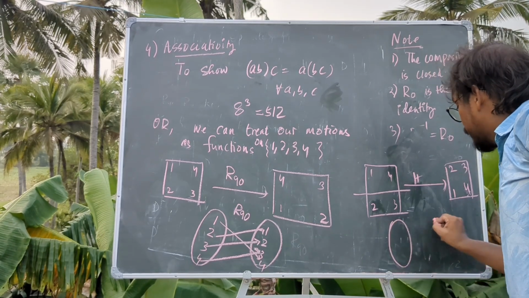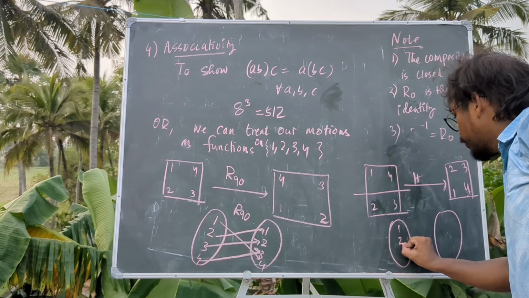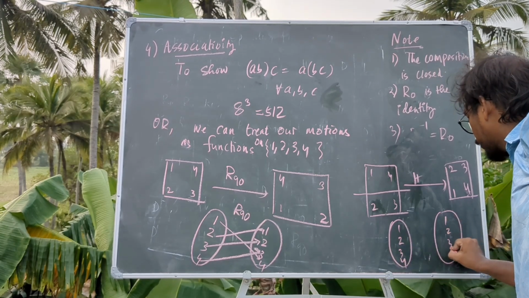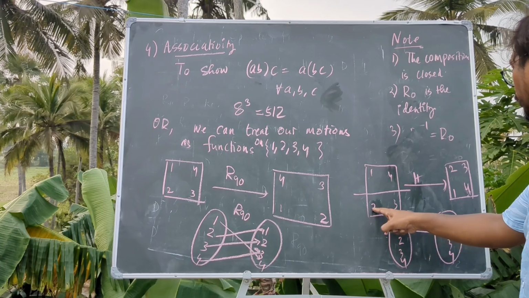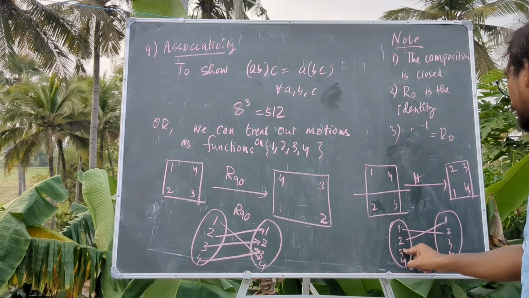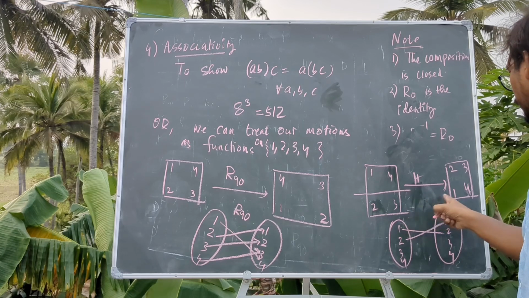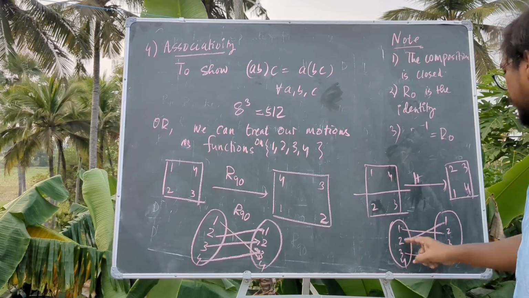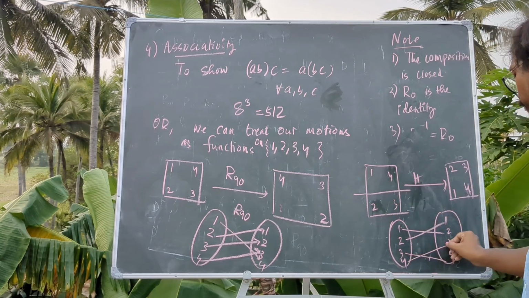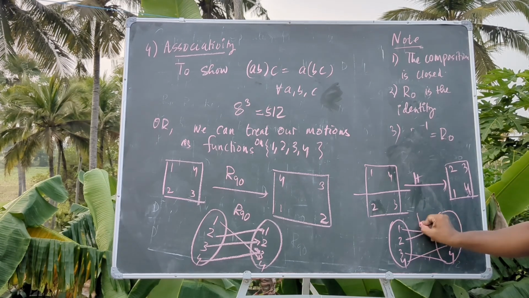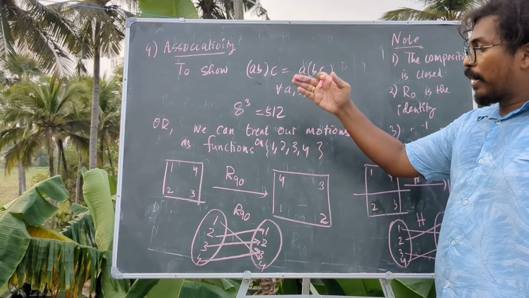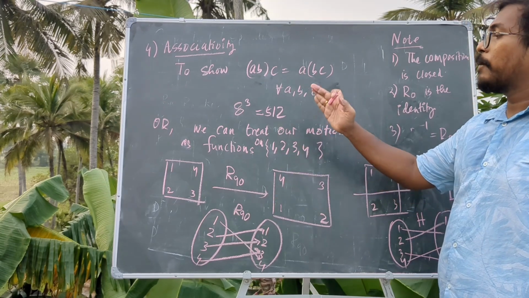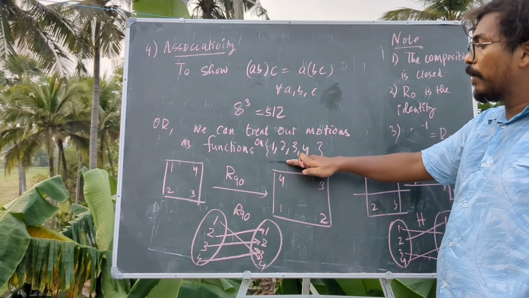And this is the same as the function with domain 1, 2, 3, 4 and codomain 1, 2, 3, 4: 1 goes to 2, 2 goes to 1, 3 goes to 4, and 4 goes to 3. And this is our function H.